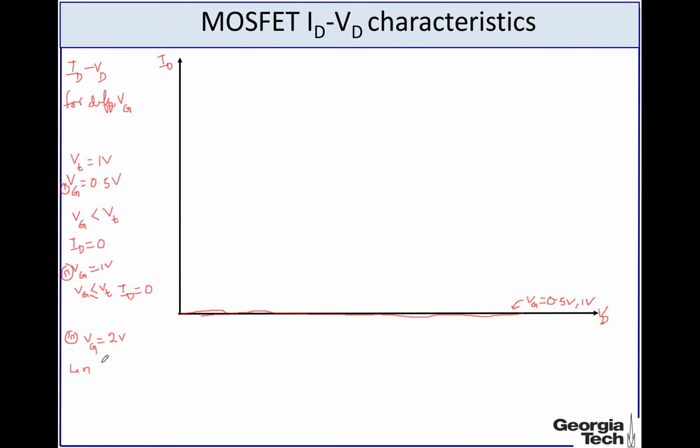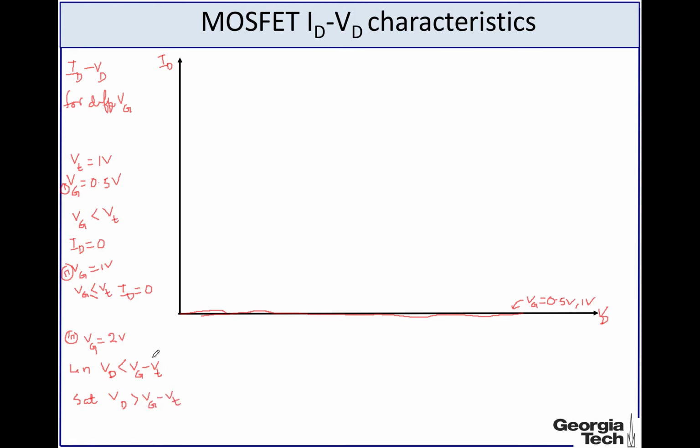For the linear region, our drain voltage is smaller than VG minus VT, and in the saturation region our drain voltage is larger than VG minus VT.